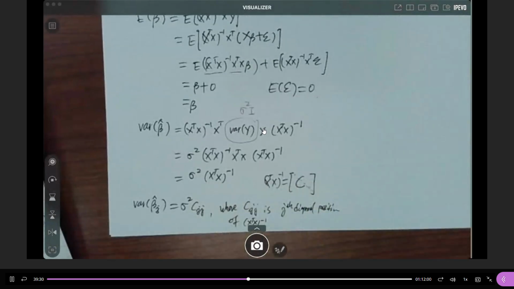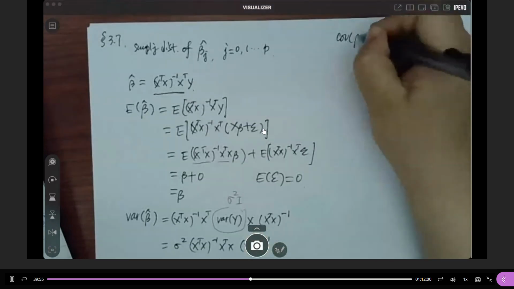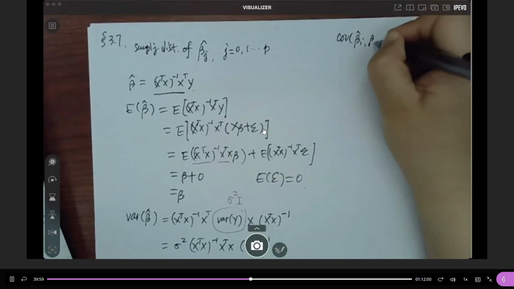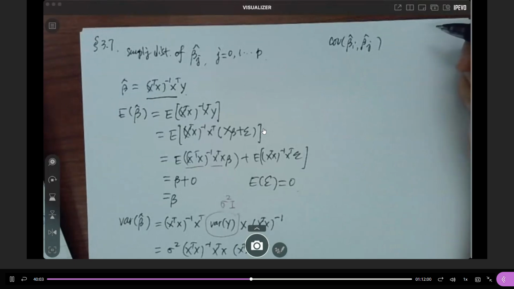So we get the variance. How about covariance? Do you have any reason to believe the off diagonal will be 0? We don't. Unlike when we talked about the covariance matrix of epsilon, epsilon epsilon transpose, here we are talking about (X transpose X)^(-1). The off diagonal positions of C are not guaranteed to be 0, so there may be covariance between beta i hat and beta j hat.